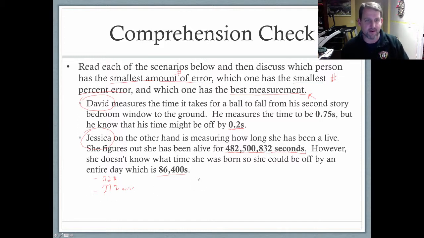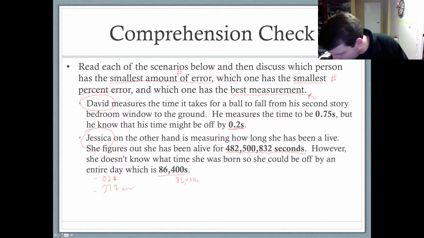There's the percent error. And for Jessica, her amount of error is huge. It's 86,400 seconds. But the percent error, I find that by taking the 86,400 and I divide it by 482,500,832 seconds.